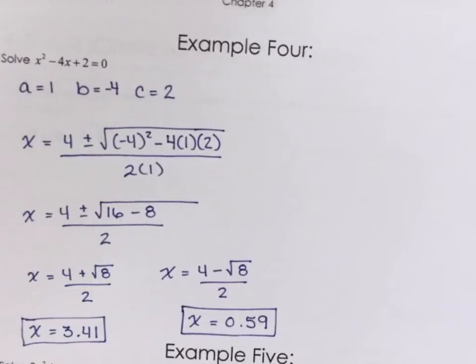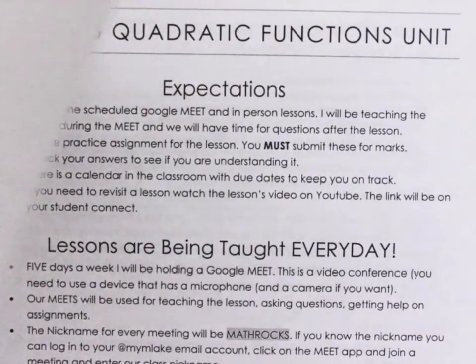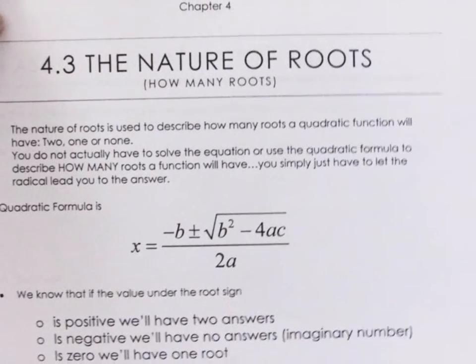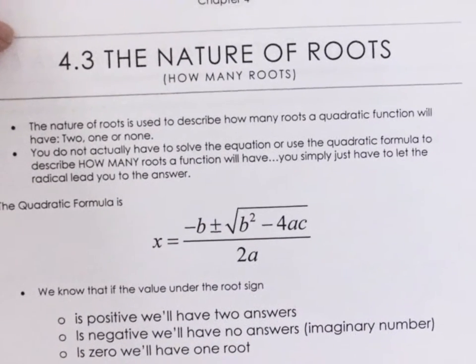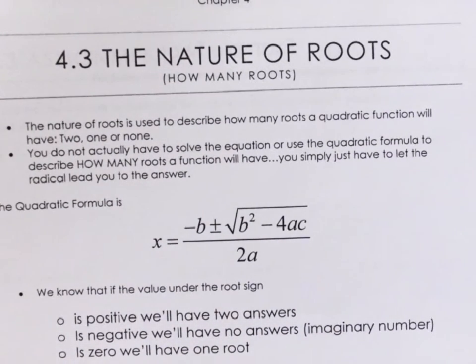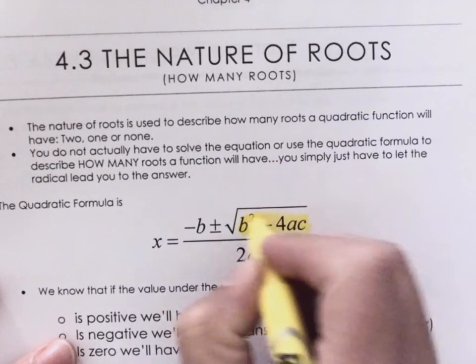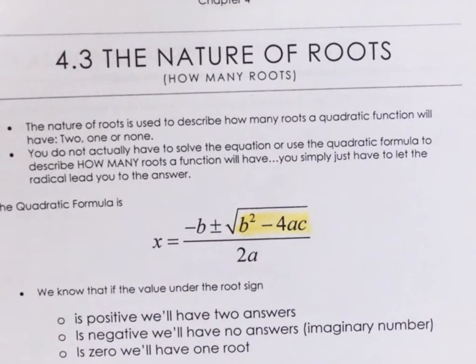The discriminant will tell us how many roots we have. It won't tell us where they are, but it will tell us how many. So when we talk about the nature of roots, we talk about the discriminant. What's under the root sign will tell us how many roots we have.